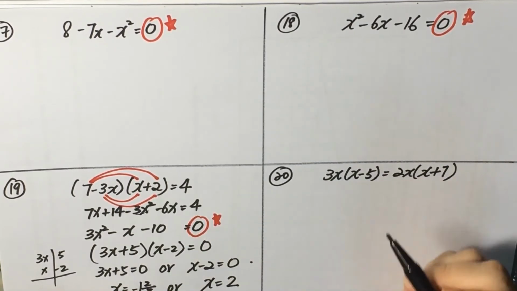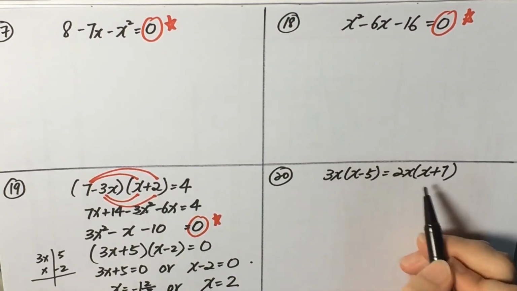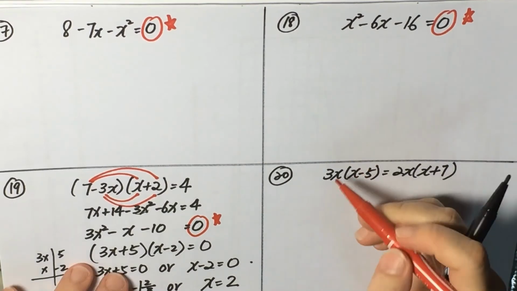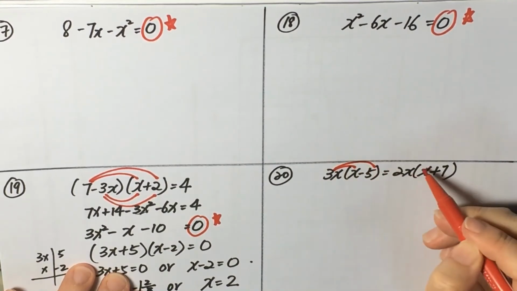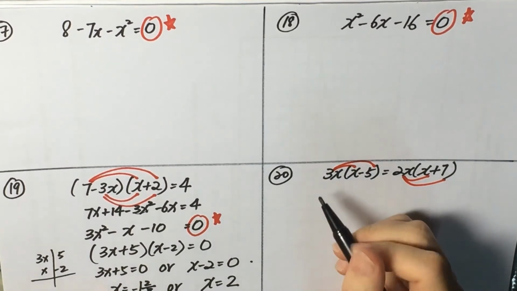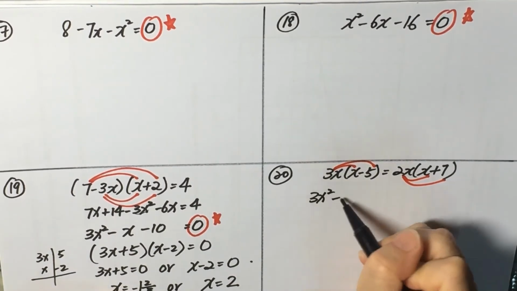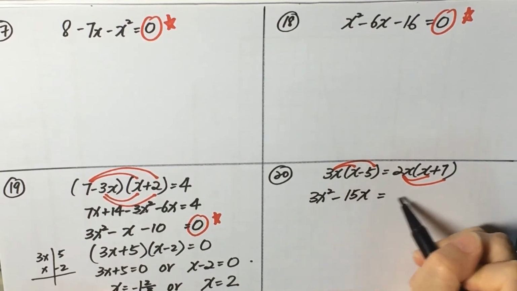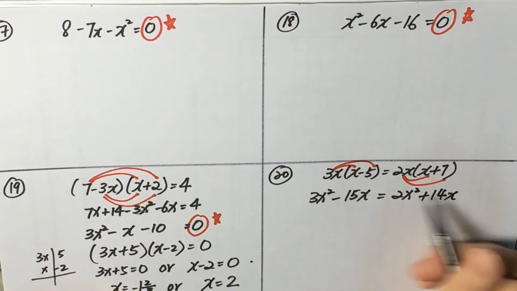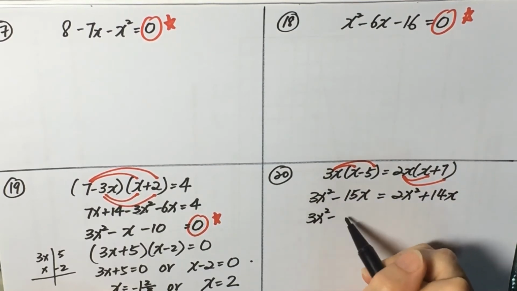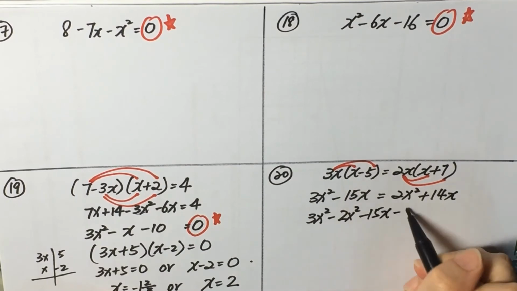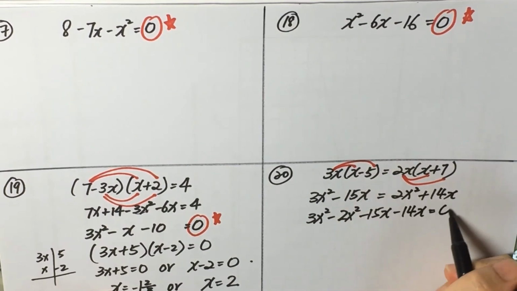Okay, I'm going to do the same thing here. There's nothing in common, and then there are terms which I can simplify. So I'm going to multiply in and then multiply in. So I have 3x squared minus 15x equals 2x squared plus 14x. Rearrange the terms. 3x squared minus 2x squared minus 15x minus 14x equals 0.